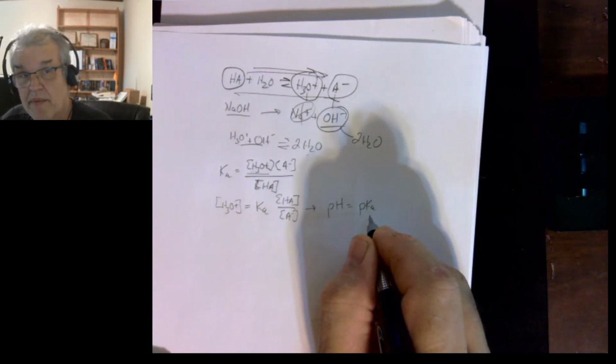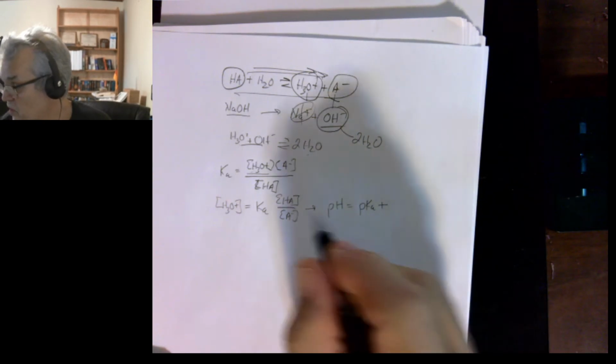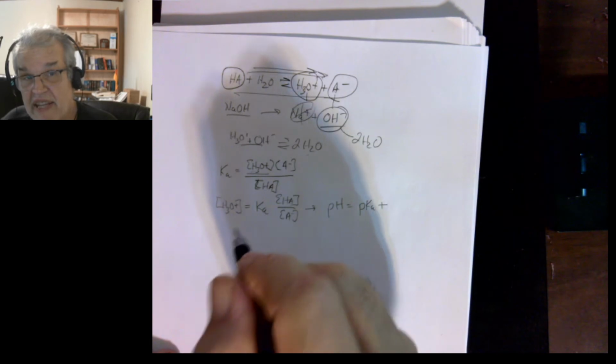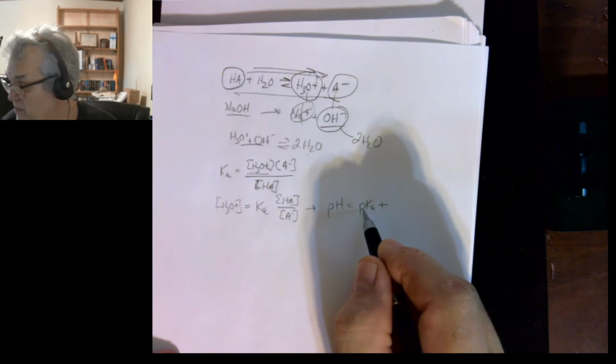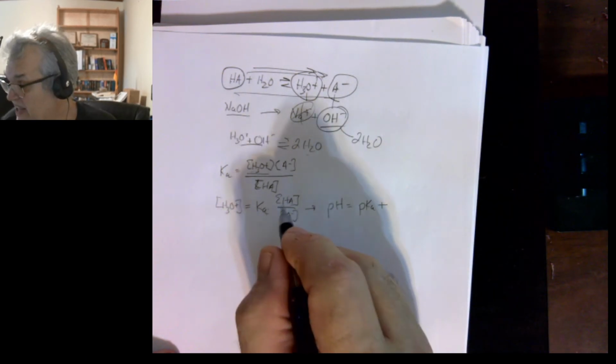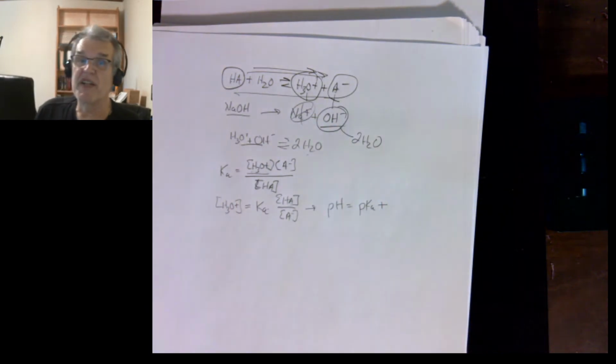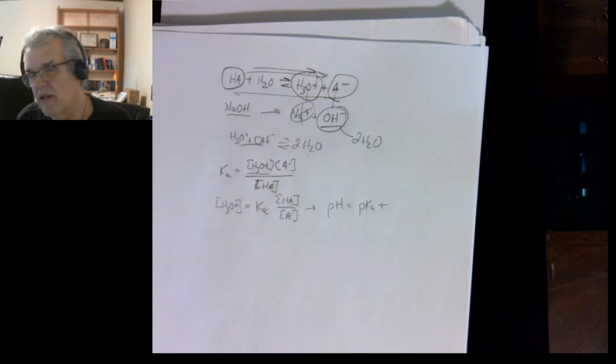Hey, pKa comes back. Plus, remember logs, when you multiply, you add them. And this is we're adding negative log. Remember, P means negative log. I'm taking the negative log of HA over A-. But I want to do it as addition. I don't know why they did it that way, just because it's easier, I guess, for addition.